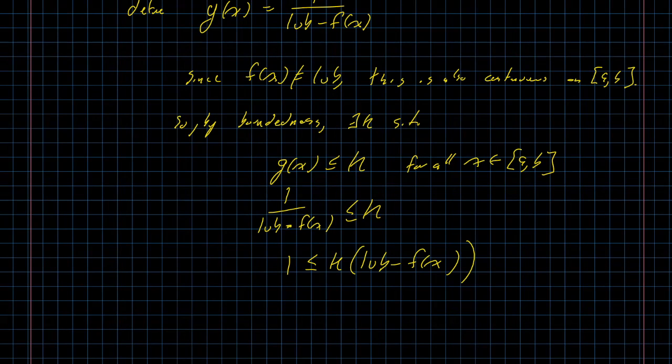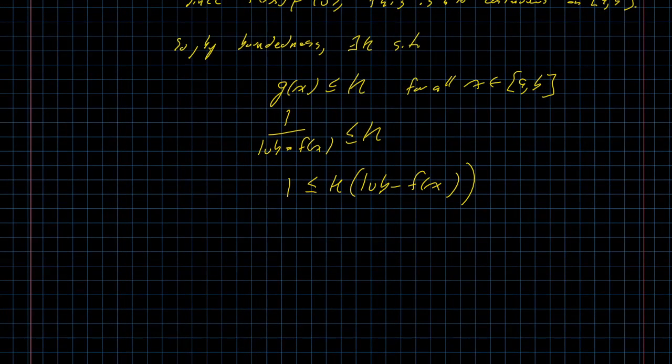That denominator has to be positive because the least upper bound of the function is bigger than or equal to the function, and we've assumed never equal. And so we can multiply, we don't have to worry about changing the inequality at all. And then just doing some algebra.